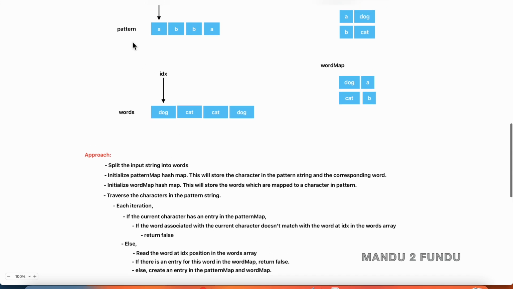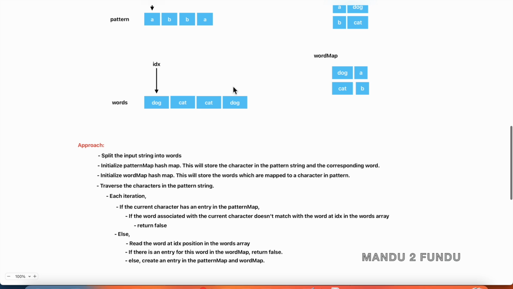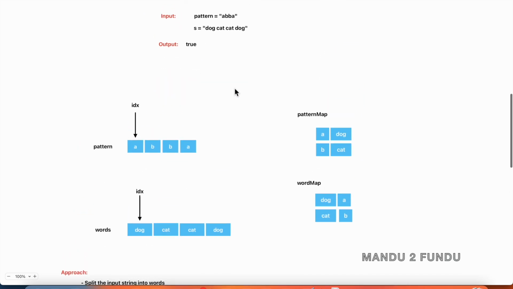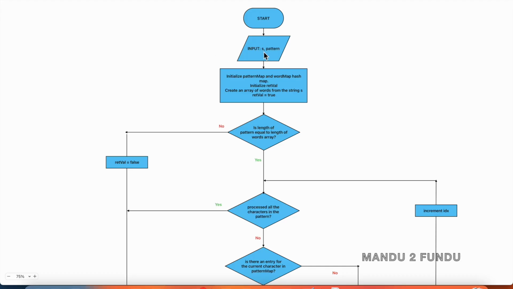So at the end of the traversal of this pattern string, we can determine whether the input string is following the pattern or not. Let's look at the flowchart. Input for this procedure is a string S and then a pattern.